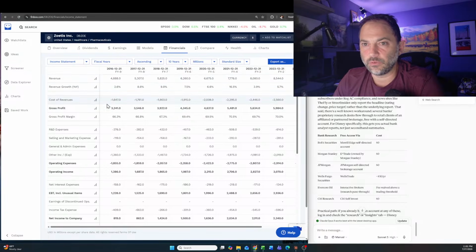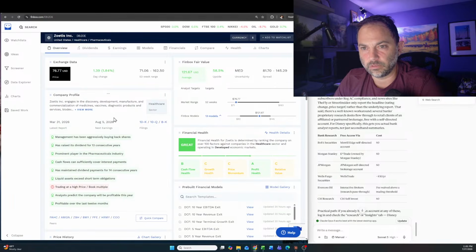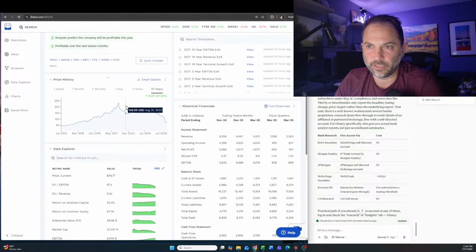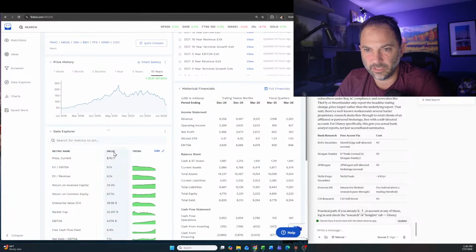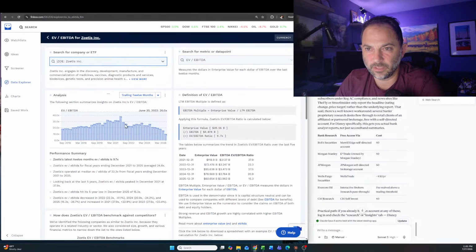Top line revenue growth is strong, profits growing. I think recently their market multiple has come back. Like look at the price drop here. It's come down in the 70s. It was 180, 170. You can now buy this at less than 10 times enterprise value EBITDA. Seems like a good deal to me. This thing for a long time has traded north of 20x. You can now buy it sub 10x.